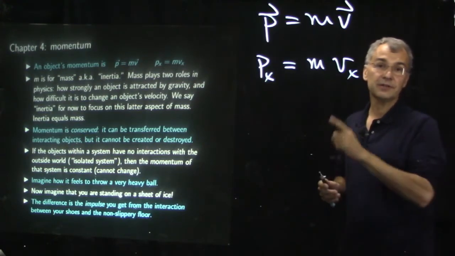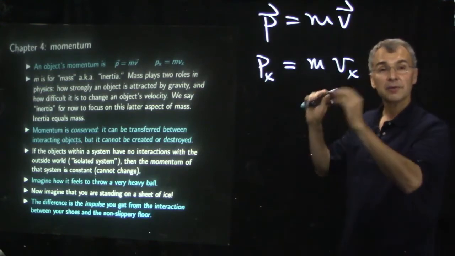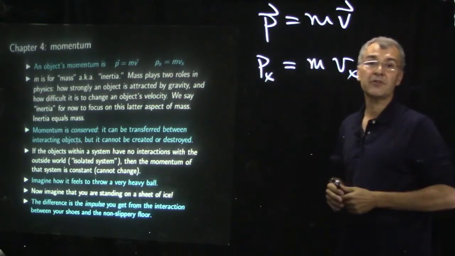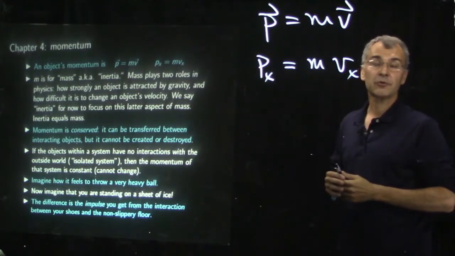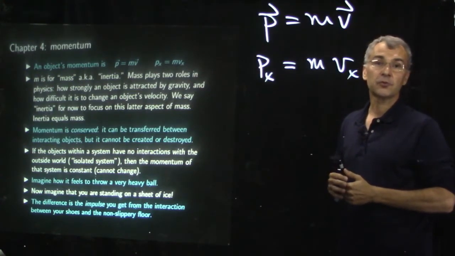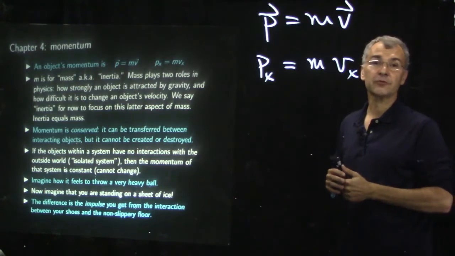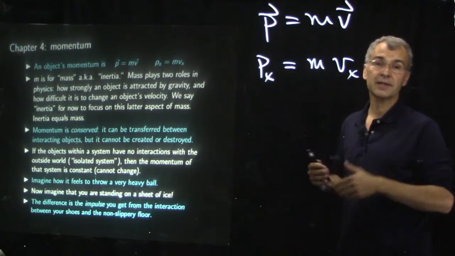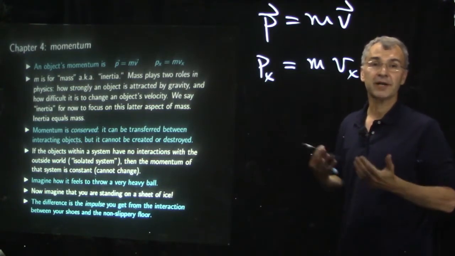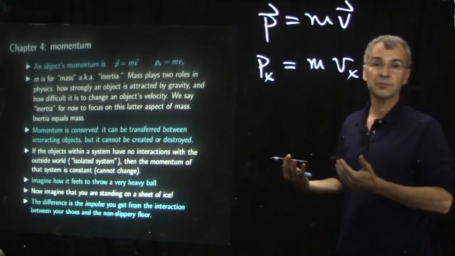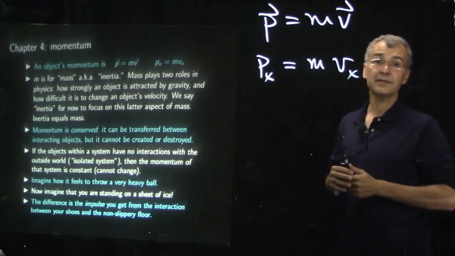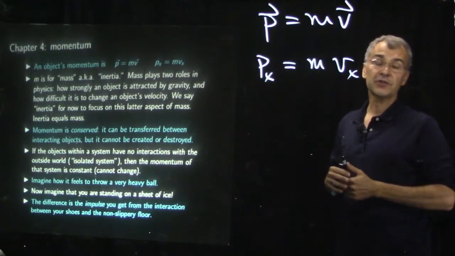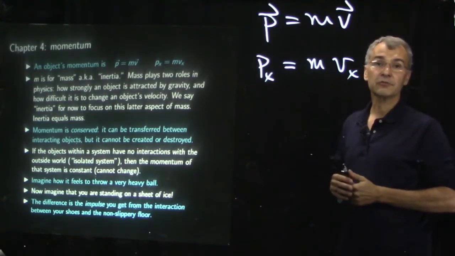And you can see in a video clip in just a second, Mary and me throwing a medicine ball back and forth, first when we're both wearing rubber-soled shoes, so each of us has good contact with the floor of the auditorium, and so then it's not easy to identify any isolated system, so then you don't see the expected recoil. Then we will see what happens when Mary puts on roller skates.